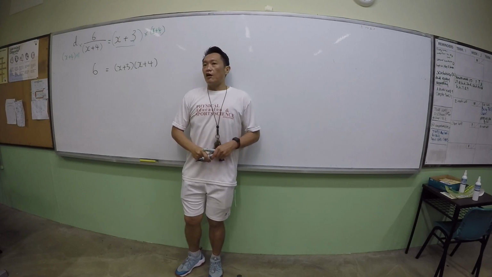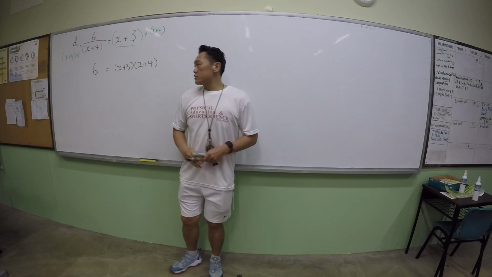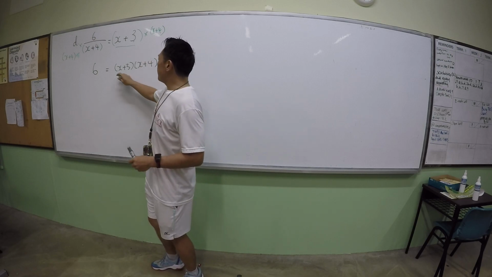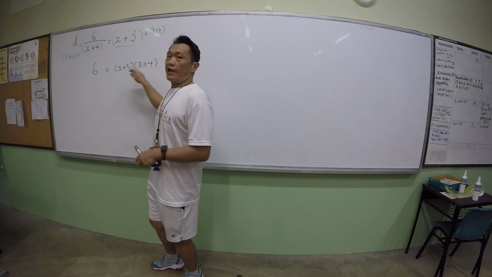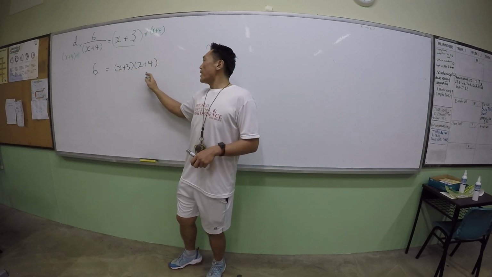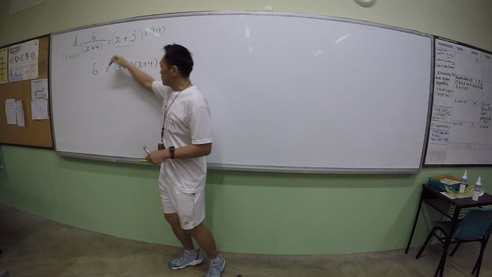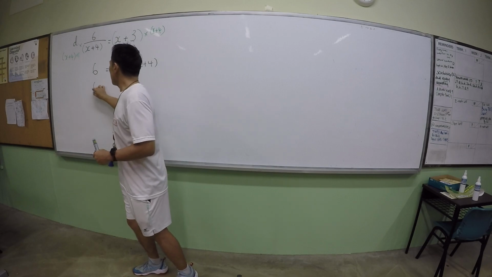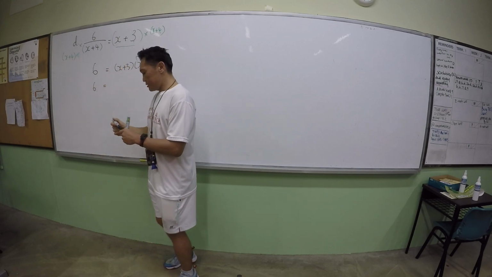You will need your expansion skills. Again, this is one of your basic skills. Everything at the front multiply everything inside the first bracket, multiply everything inside the second bracket. Okay? So left hand side I still have my 6.